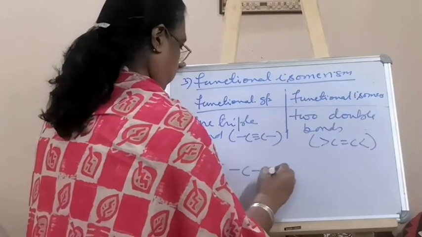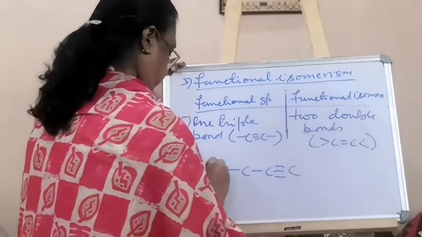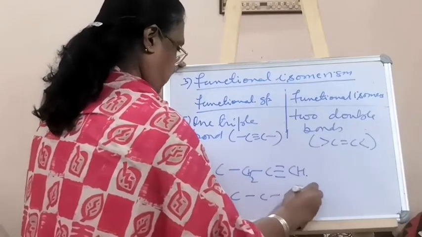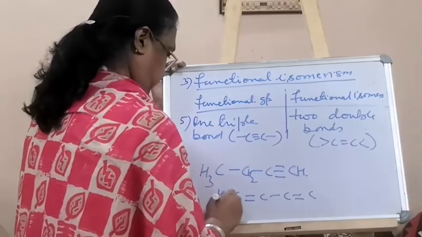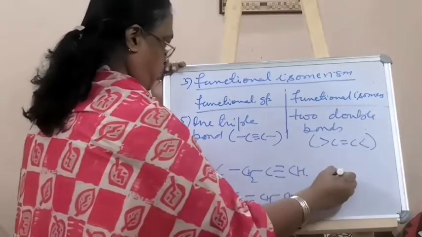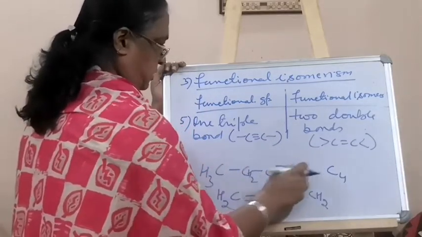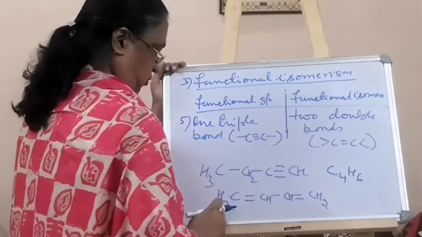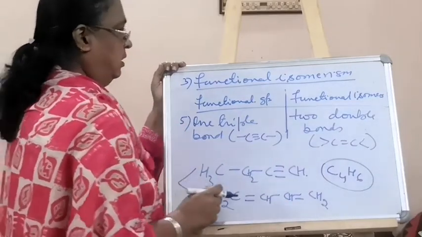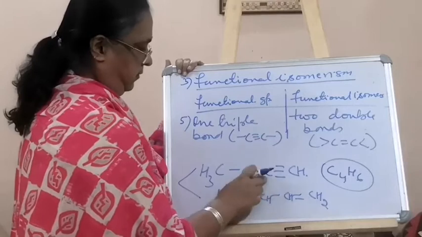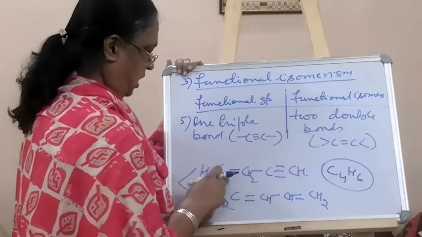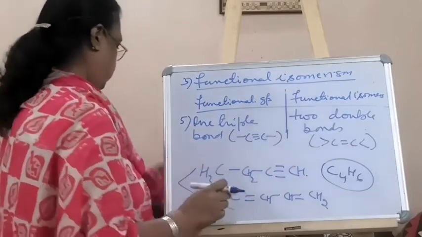So 1, 2, 3, 4, 1 triple bond, and 1, 2, 3, 4, 2 double bonds. So the molecular formula is the same, but the position and type of the multiple bond is different. One triple bond with 2 double bonds. So they are functional isomers.